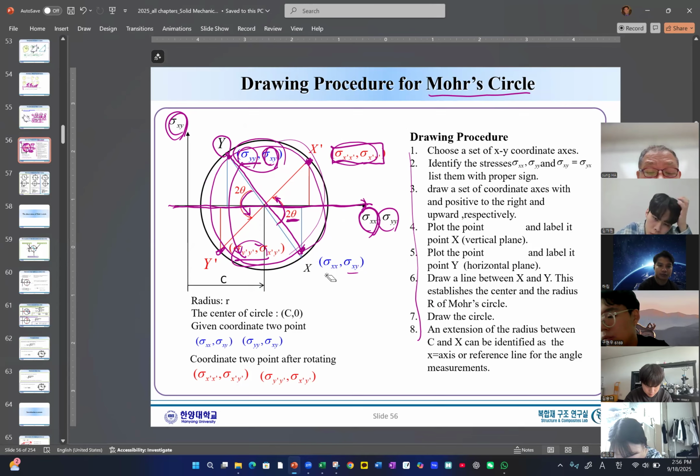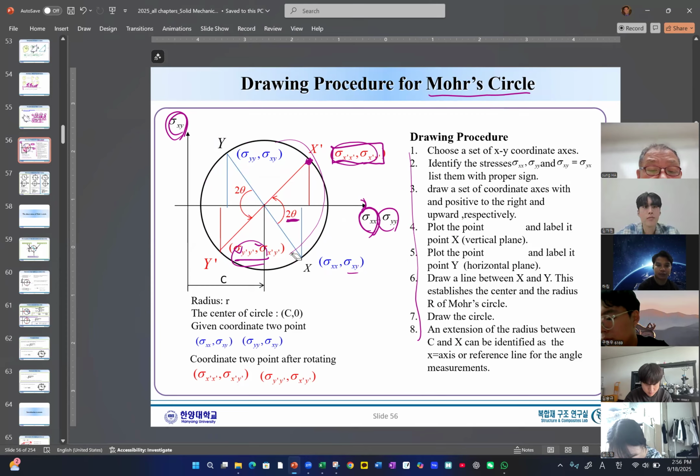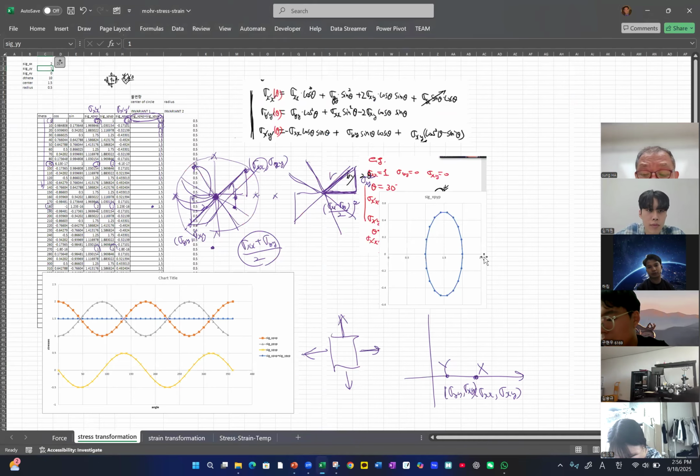We choose this x, and then we choose this y, and then connect them. We just make a circle. Very much straightforward. So here we did the same thing. This is x and this is y with a coordinate of 2, 0, and this is 1, 0.